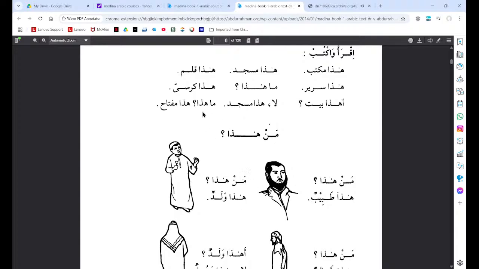It will not be correct. Likewise, we cannot say من هذا talking about an inanimate object. We cannot switch these. Ma is only used for al-ashya, for things لغير العقل, without intellect, and men can only be used for someone with intellect.